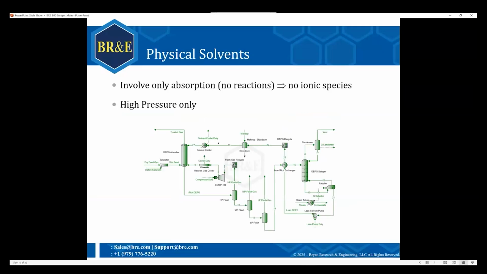Physical absorption increases with gas partial pressure, as described by Henry's law. So this process makes sense at higher pressures. Syngas has 30 or 26 bars in our case, which is a higher pressure, so we can use also physical solvents.